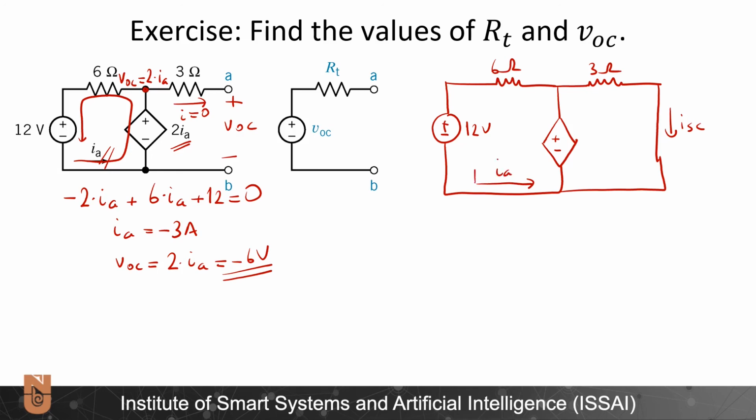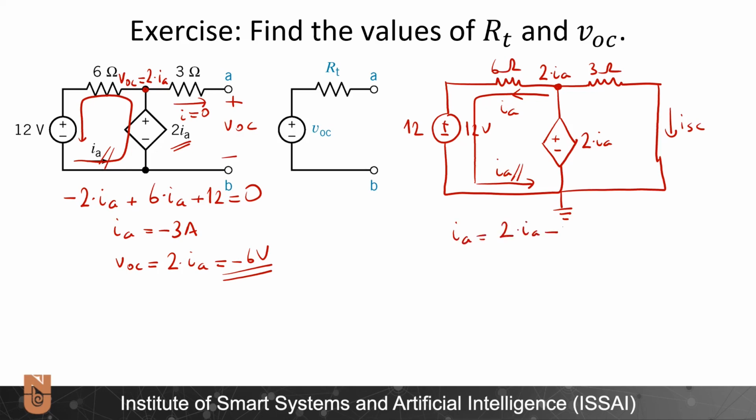Since this current will also flow over this and over this, I know here IA is flowing as well. So the value of this voltage source is 2IA. So in other words, here at this port, assuming this is my reference port, I will have the value of 2IA as well.